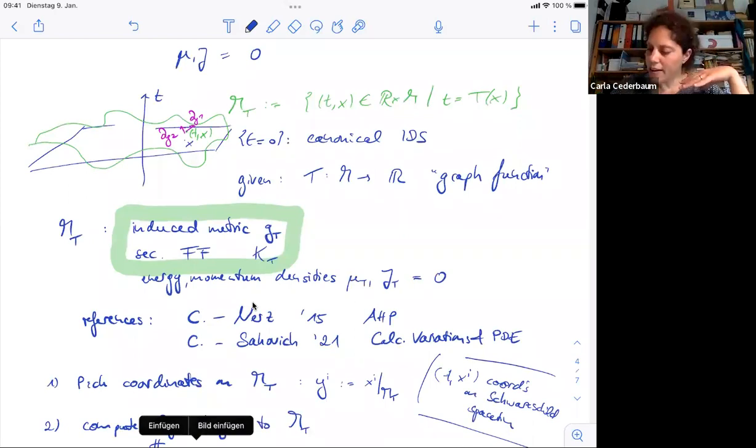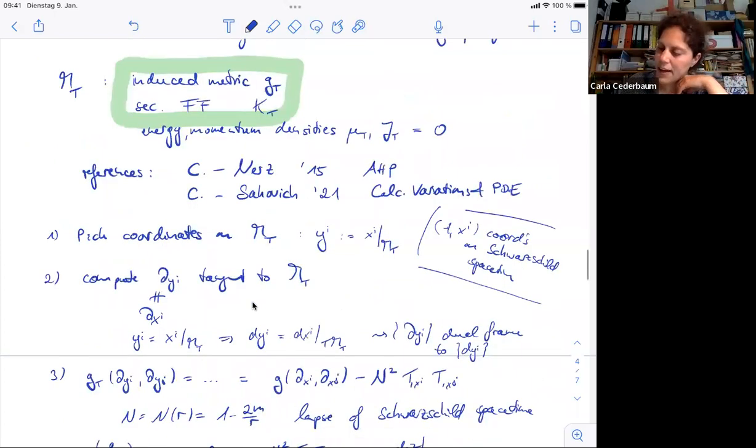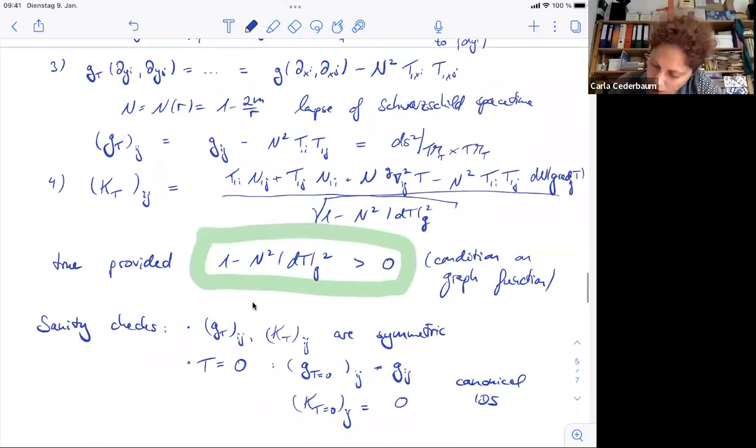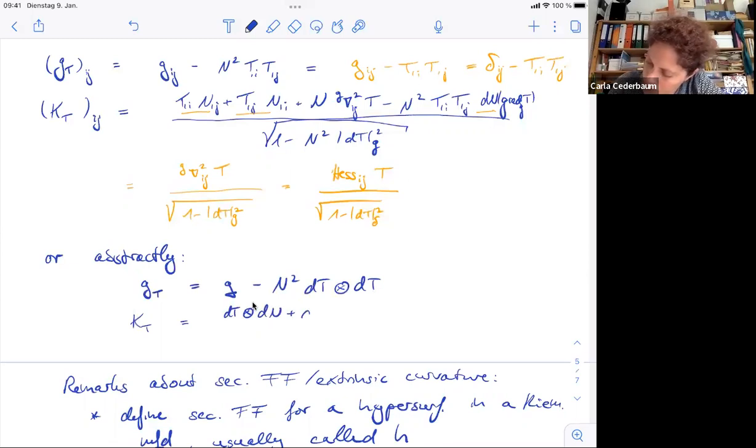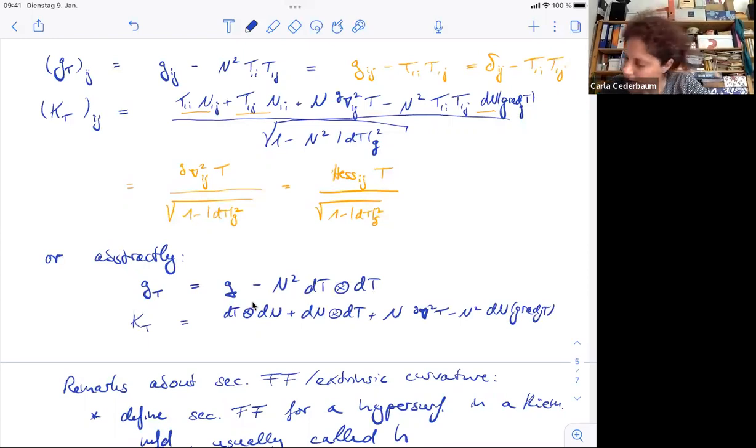Now that I computed these, I could in fact do the following. I could forget about coordinates again and write the induced metric as nothing else than the metric minus n squared dt tensor dt, and kt is nothing else than dt tensor dn plus dn tensor dt plus n Hessian of t, sorry, this is a nabla, minus n squared dn grad gt dt tensor dt, divided by the square root.